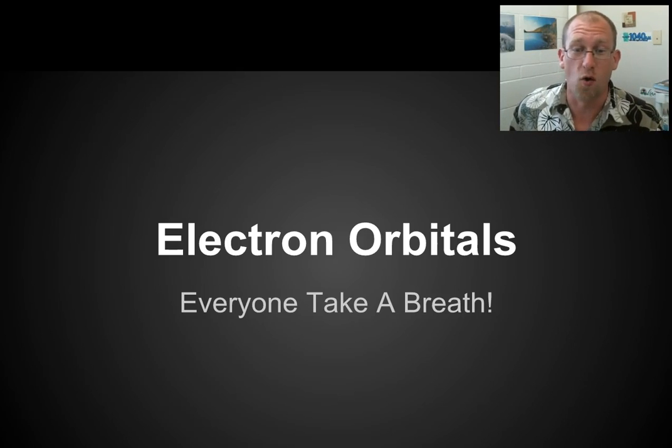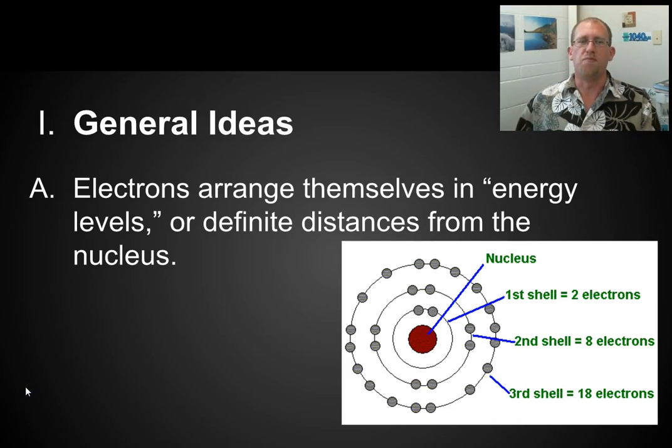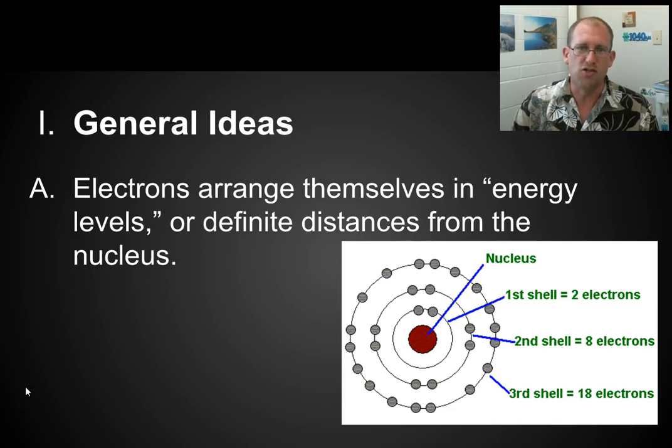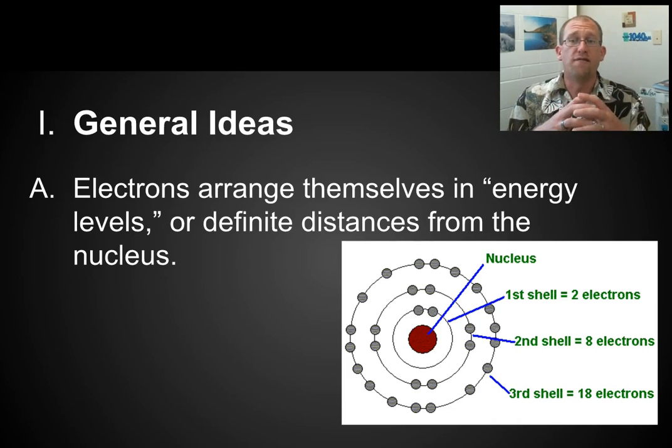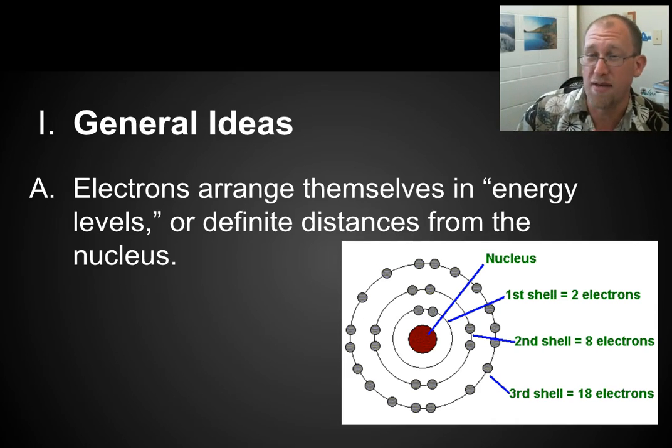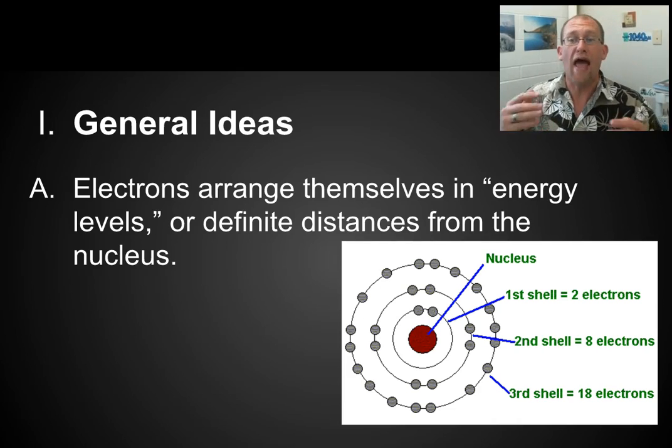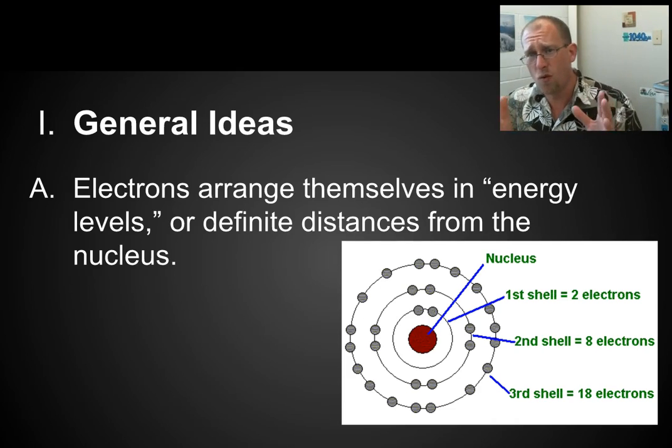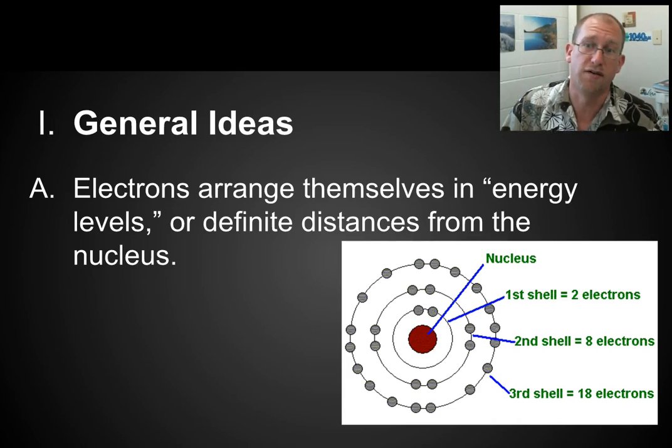Okay, electron orbitals. Everybody, take a breath. Here we go. Electrons arrange themselves in energy levels. We've already talked about that. And so energy levels are somewhat a definite distance from the nucleus. Now that's going to be adjusted in a little bit, but on average, energy level 1 is closer to the nucleus than energy level 2.